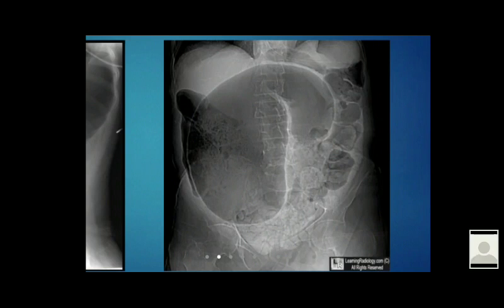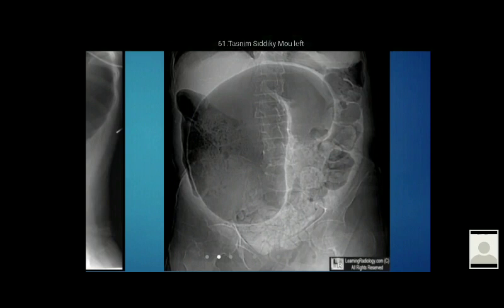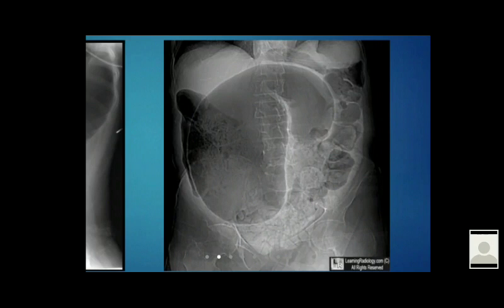This is called the Hartmann procedure. So these are the treatment options of sigmoid volvulus.